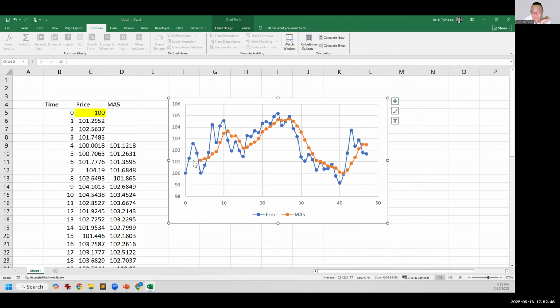The moving average always has missing data here in the beginning. And what the MA does is smoothing. The higher your MA, the more smoothing it will do.